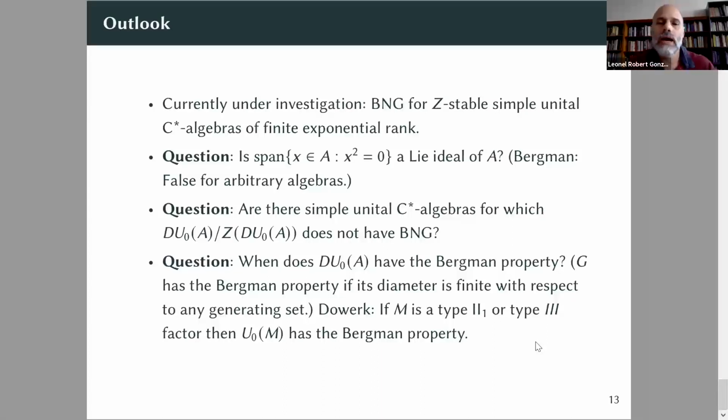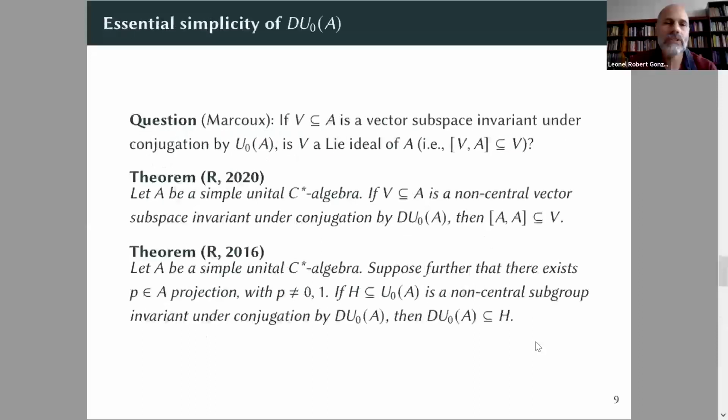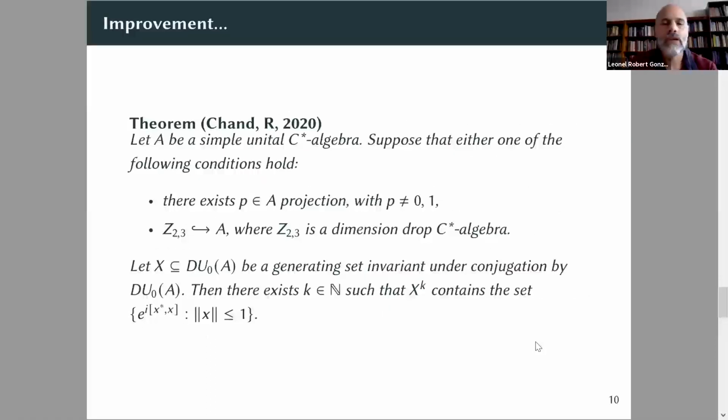So it's natural to ask that for C*-algebras as well, but there are some technicalities there where it's not so clear to me. I will show you a slide from a while back, this one here. Here we have a generating set, and a finite power of it contains this specific generating set.